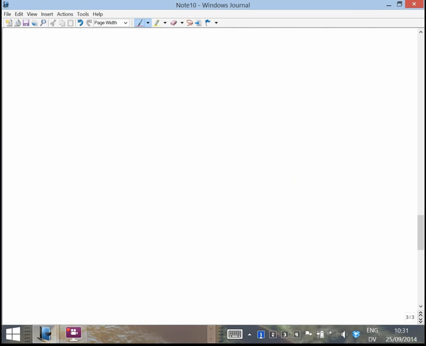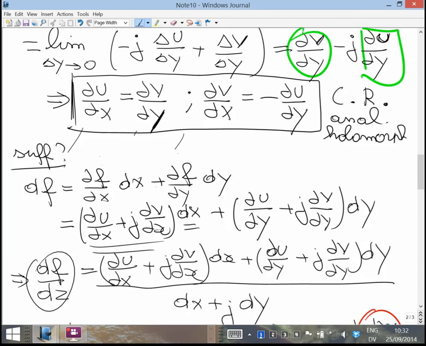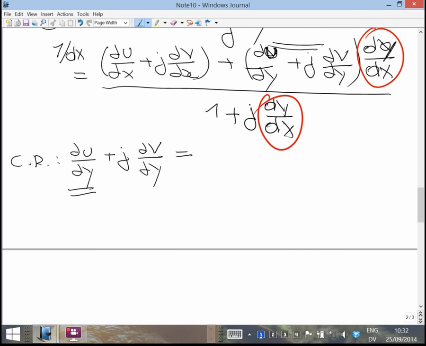Let's see if this indeed works. What happens if the Cauchy-Riemann conditions hold? Can we then simplify that expression? Well, if we apply our Cauchy-Riemann conditions to this thing here, we have du/dy plus j dv/dy. Going back to the Cauchy-Riemann conditions, du/dy would be minus dv/dx.